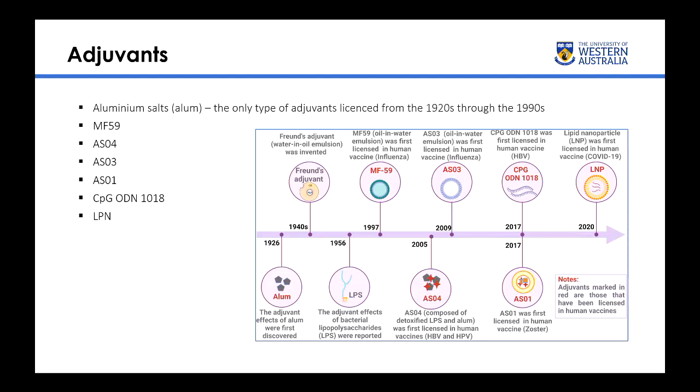And here, for instance, Freund's adjuvant is very, very potent, but it's not used in humans, it's used in animal vaccines. LPS is very potent as well, not used in this form in humans, but a modified form such as here, AS04, is a detoxified LPS plus aluminum together.